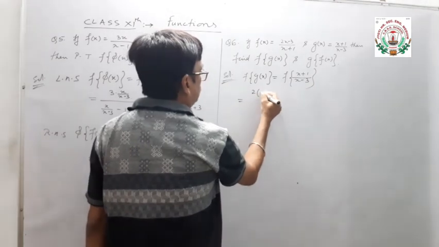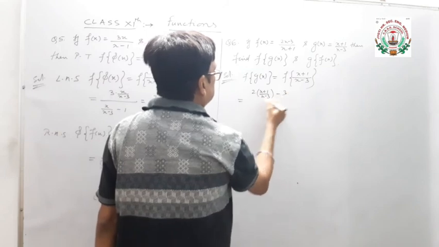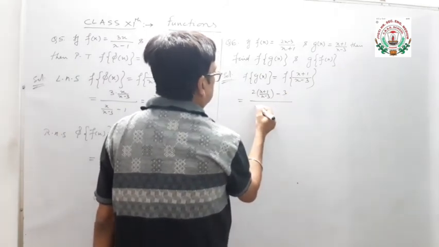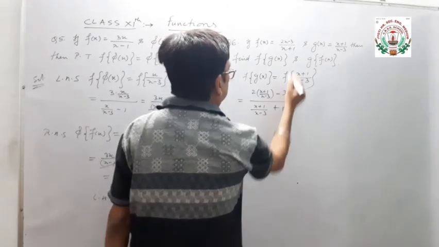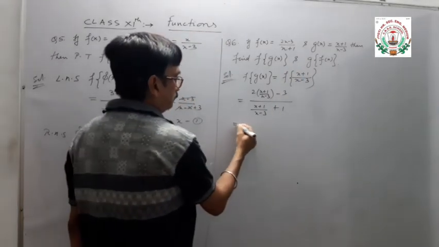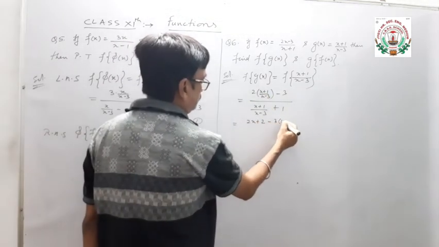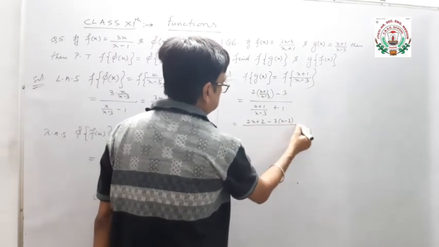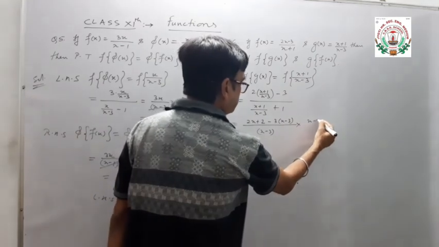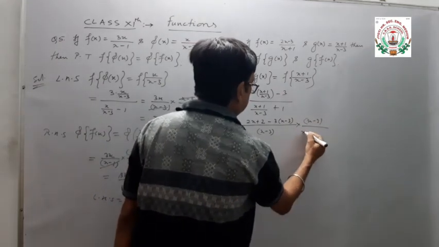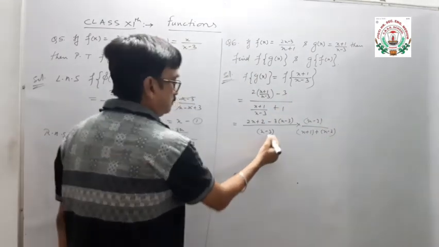So 2 into x plus 1 upon x minus 3, and x plus 1 upon x minus 3 plus 1. Now open the bracket, 2x plus 2 minus 3 into x minus 3, LCM upon x minus 3, reciprocal x minus 3, and we take x plus 1 plus x minus 3.